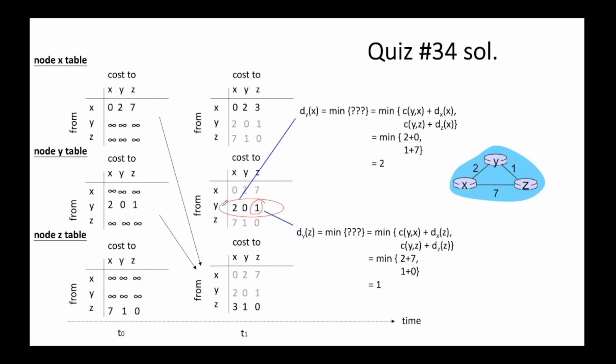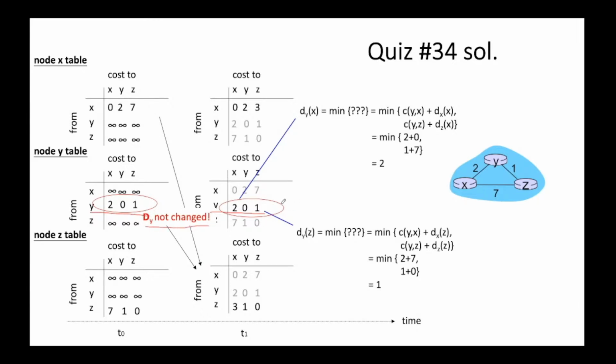And this is how we come to the distance vector of y. So we have now finished deriving all the distance vector tables at time t1. What you see also is this. Look at dy, okay? Between t0 and t1, dy did not change.